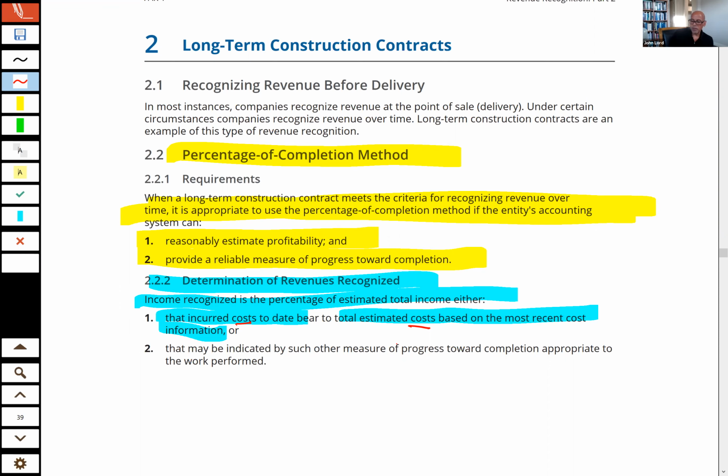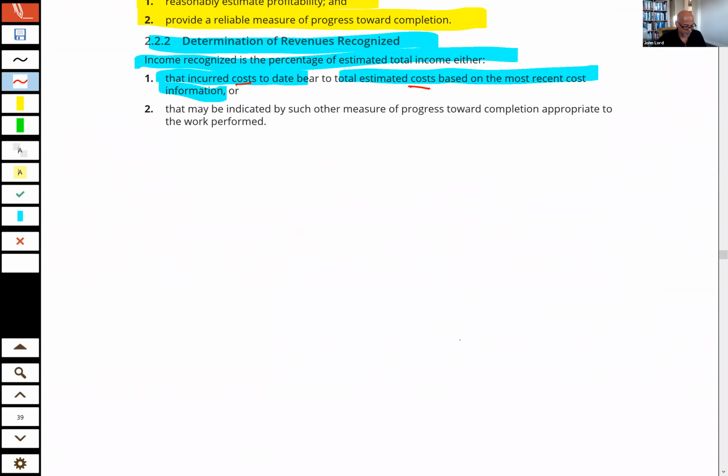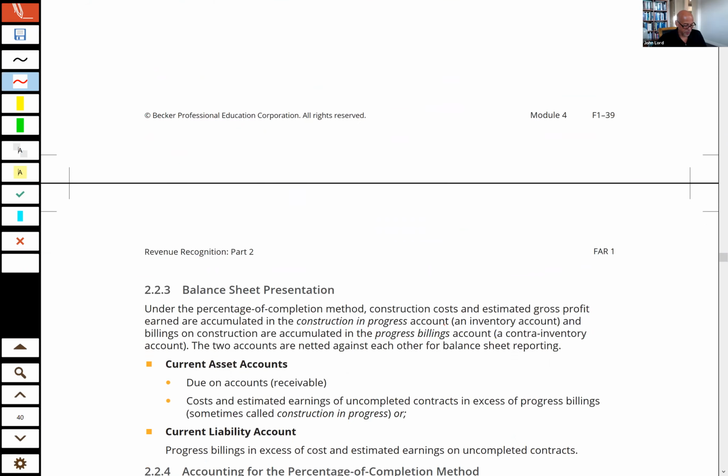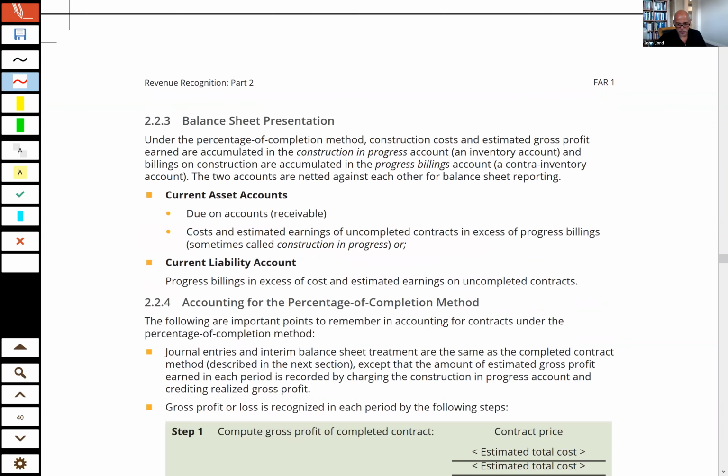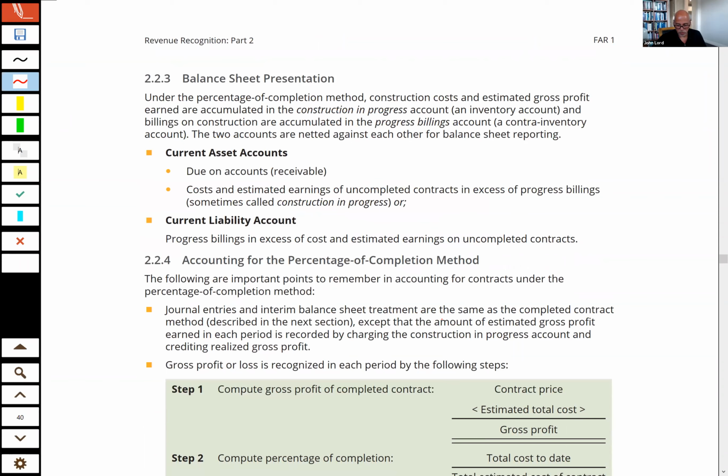Again, you have to have some reasonable way of estimating that. I would be a little worried if I was constructing a building and had no way of telling you what the total estimated costs were going to be versus how much I've actually incurred to date. But they leave that as a reason to use completed contract. If I was auditing a construction company and they told me that's the reason they're using completed contract, I'd have some concerns.